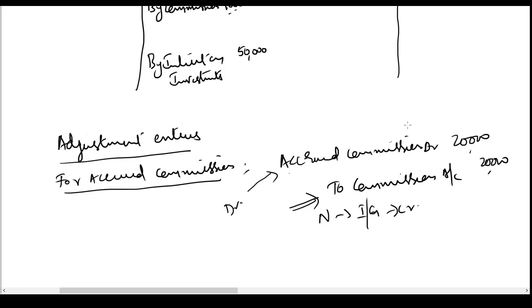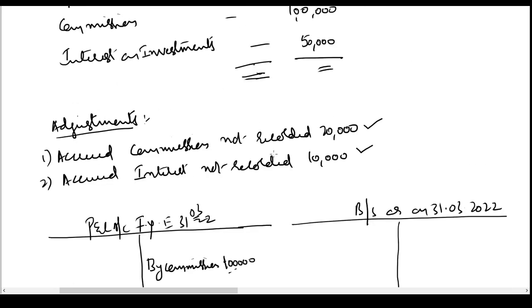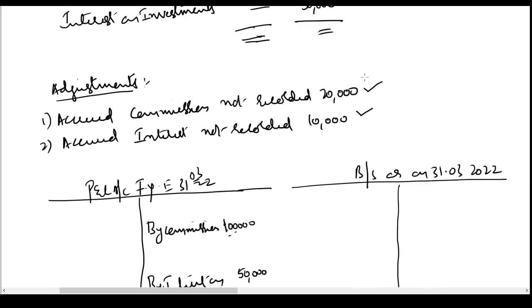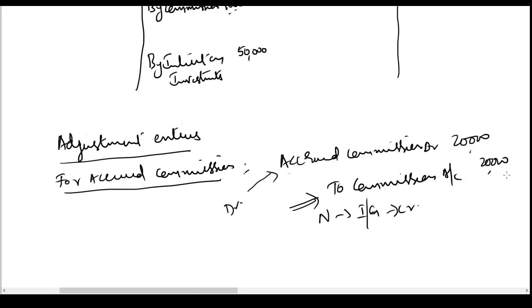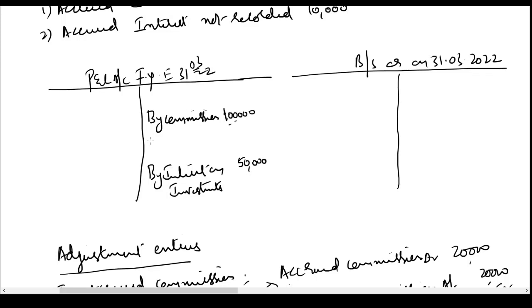So now how do you give the impact of this entry in the final accounts? As per this entry, commission account has to be credited. Commission account is already showing a credit balance. If you credit the account again, the balance will increase. The same thing we can do in the profit and loss account, right?